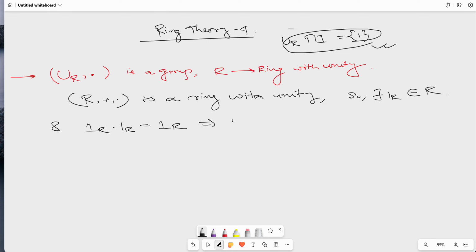This implies that the set of units is non-empty, because 1 itself is a unit. So this is a non-empty set.